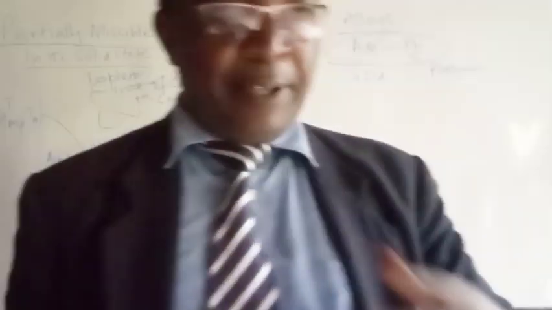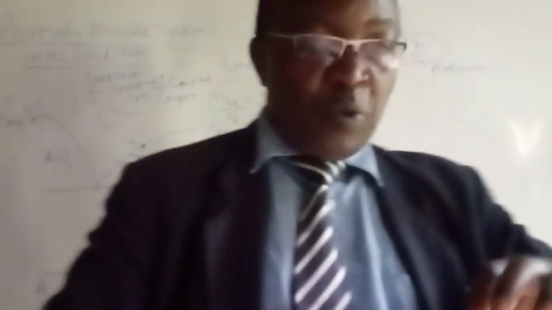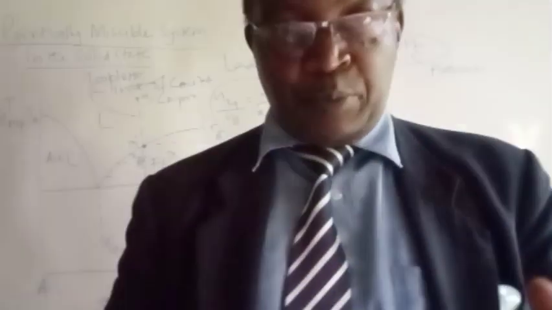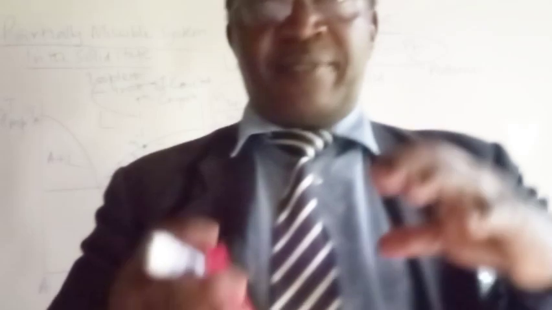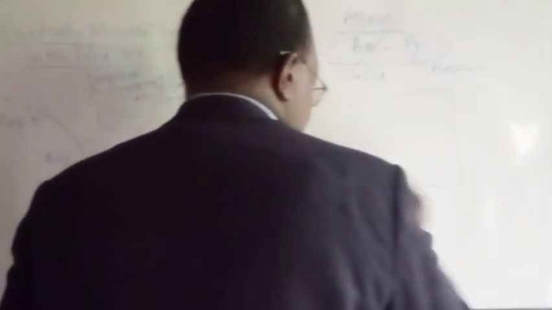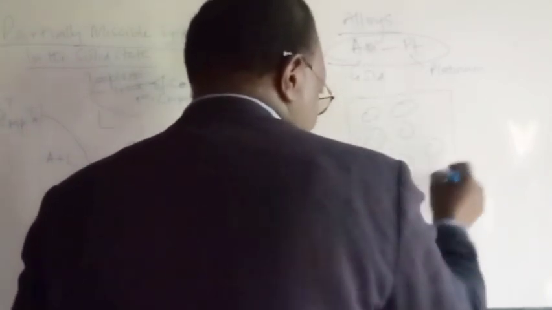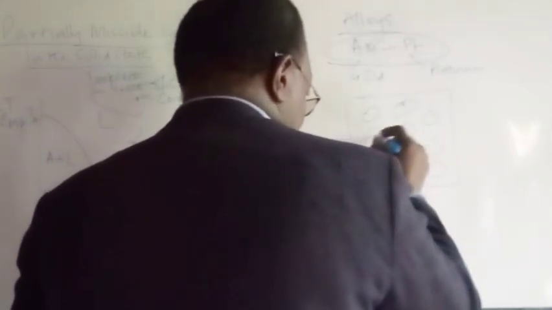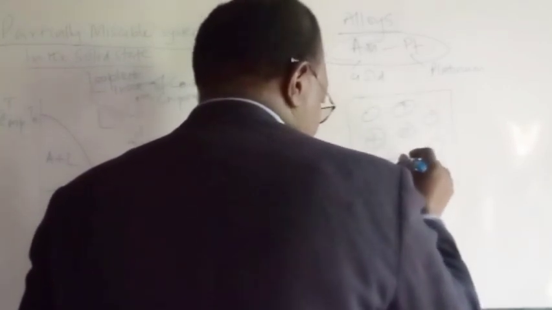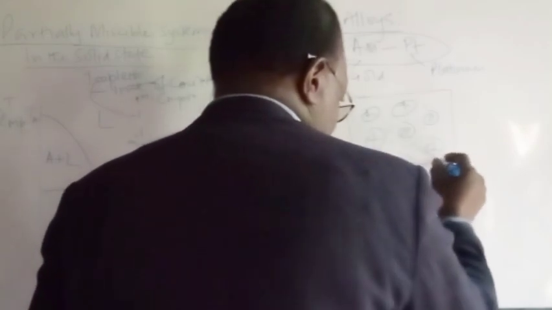In the same way, when, for example, you have gold and you have platinum, you fuse them. In other words, you melt them, they will form a solution where you have the gold atoms and you have the platinum atoms. Let's just figuratively say that we have gold, platinum, gold, platinum, gold, platinum. Let's just say one is plus, one is equal, to distinguish them.